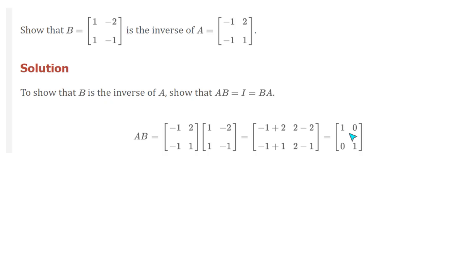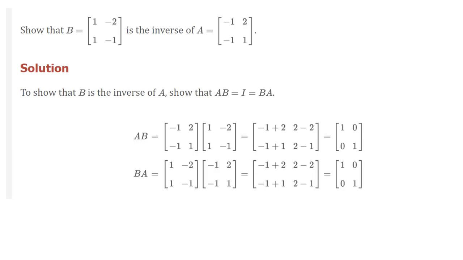So as you can see here, we have 1s in the diagonal, 0 everywhere else. So that's going to be the identity matrix. However, we can't say that they're inverses of each other yet. We have to continue by multiplying B times A. If we follow the same procedure, if we multiply this row by this column, then we get -1 plus 2.